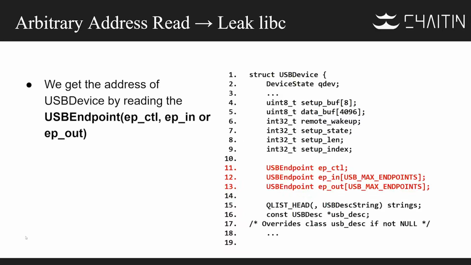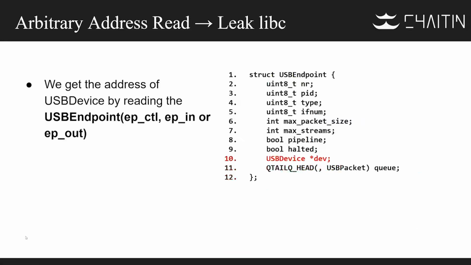So next, we try to get the address of the system function. We find that the USB endpoint structure has a pointer to the USB device, and there is a free function pointer in the USB device state structure.